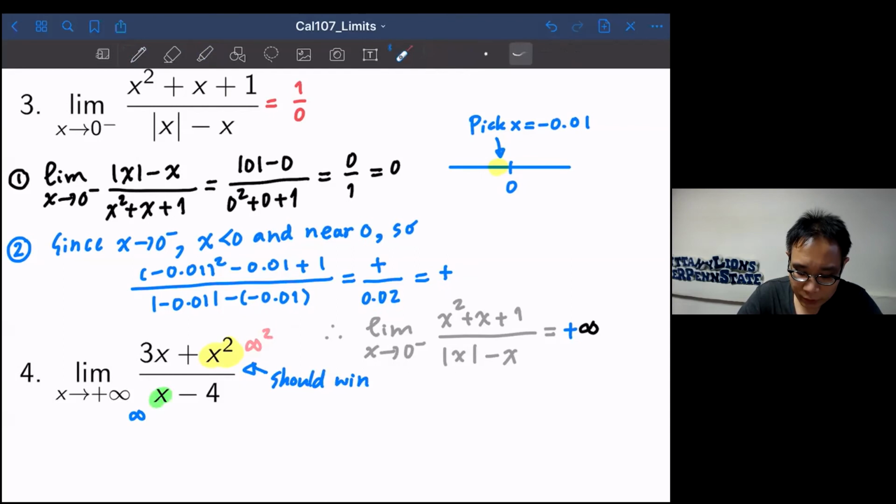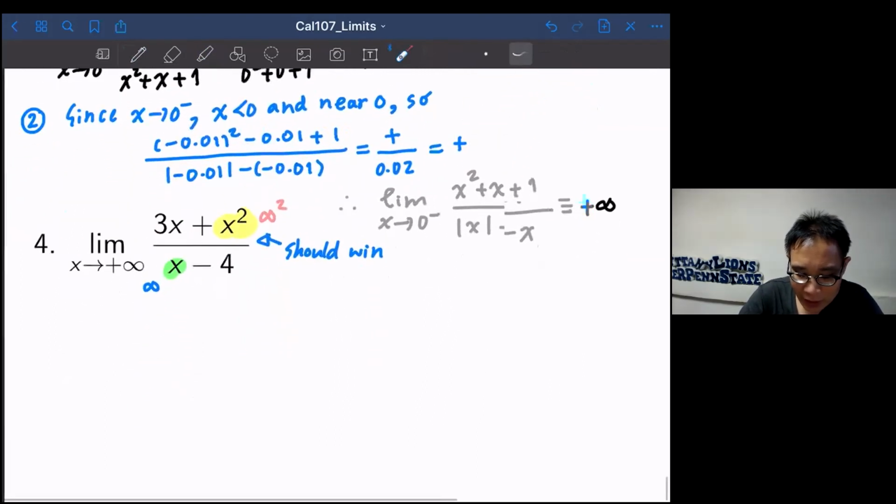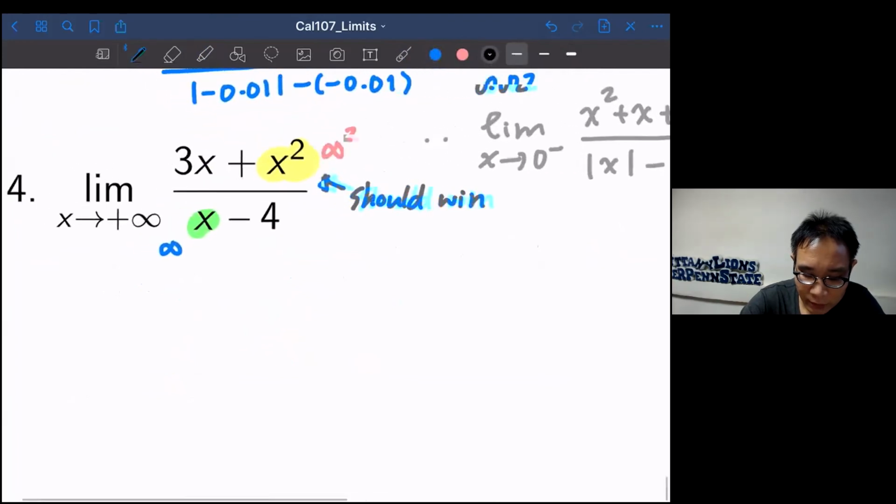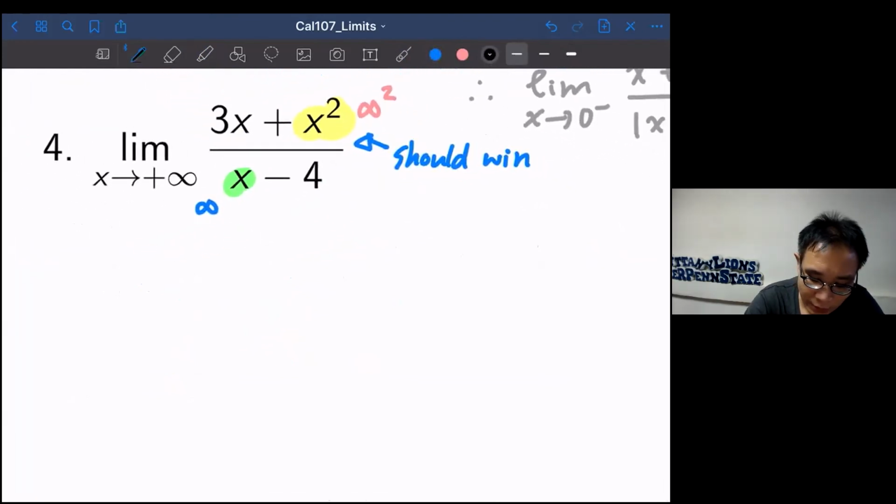So it's not the same level. This one is infinity to the first, this one is infinity squared. So this one should win. Okay, I'm just going to say should win. I don't know it's going to win yet. So we're going to have to do two limits in this case. So we're going to have to find the limit of the reciprocal. Let's find the limit of the reciprocal.